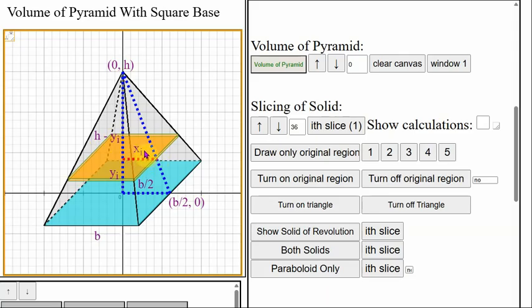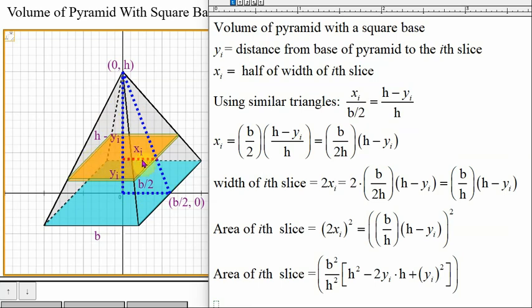Now let's relate x sub i and y sub i using similar triangles right here. From the two similar triangles, we have x sub i over b over 2 is equal to h minus y sub i over h.